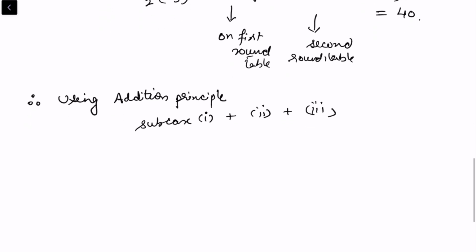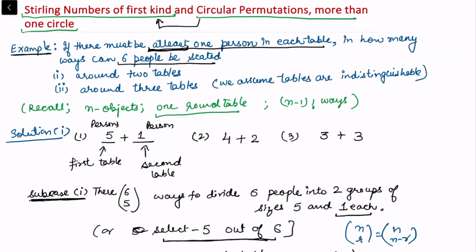So from the first sub case we got the answer as 144, from the second we got the answer as 90, and for the third we just got the answer 40, and in total there are 274, in which at least one person will sit on each table, and we are arranging 6 people around 2 tables, and tables were considered as indistinguishable.